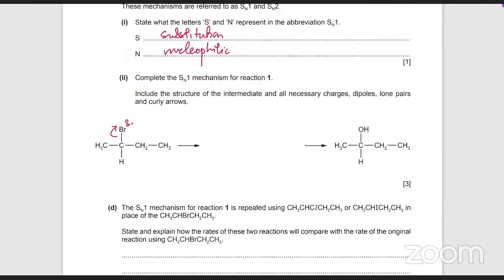Slight negative. So what you'll have is a formation of a carbocation. Then the nucleophile is going to come in with its lone pair, and it will form an alcohol.